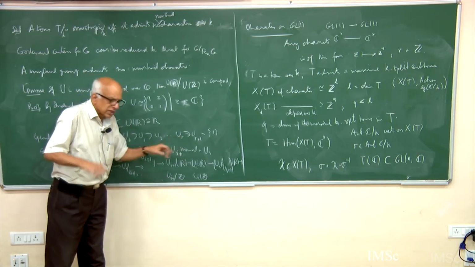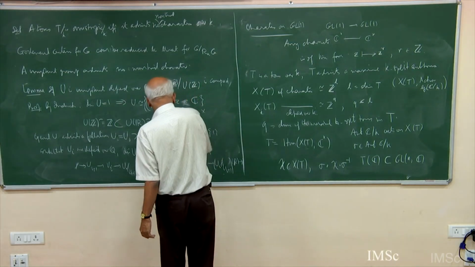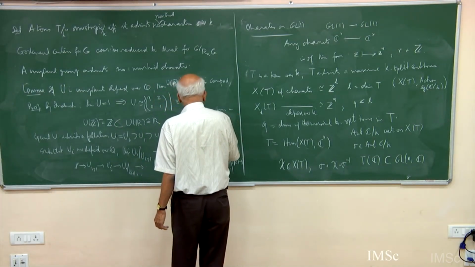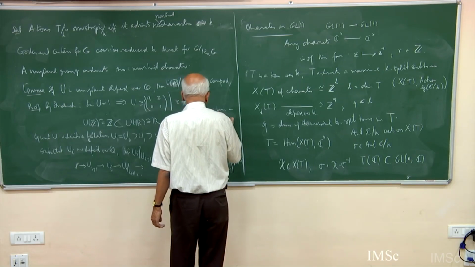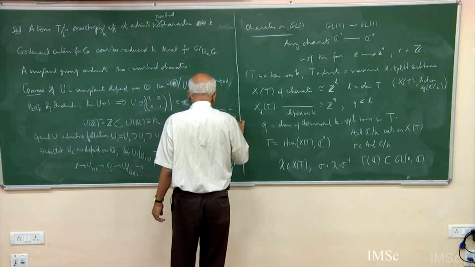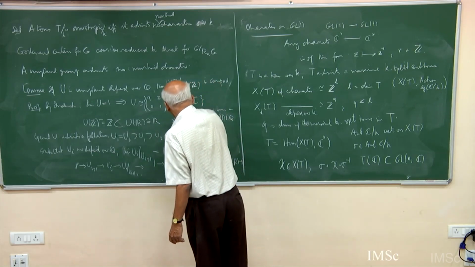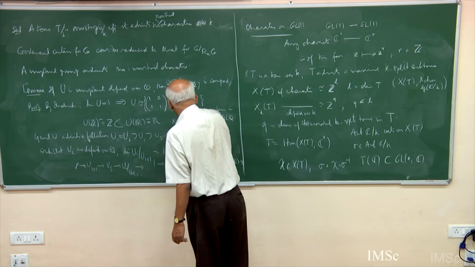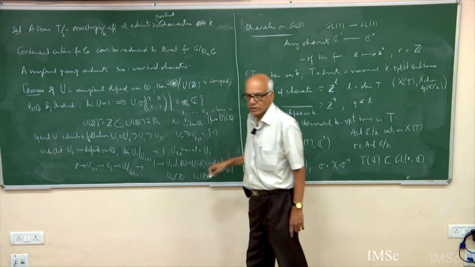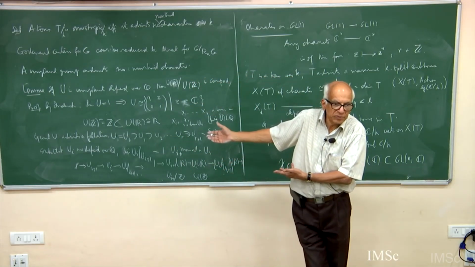You choose a basis x1, x2, ..., xr in the Lie algebra of U(Q) such that xi, ..., xr is the basis of U_i, and then look at their exponentials, then you will see what's happening.